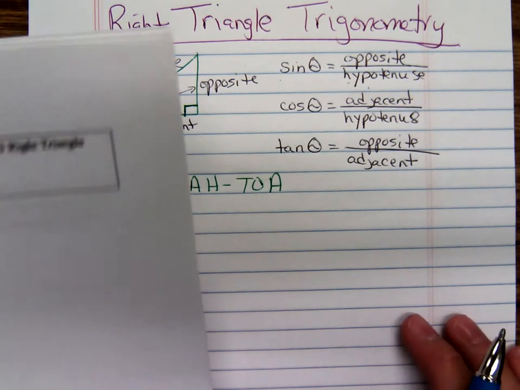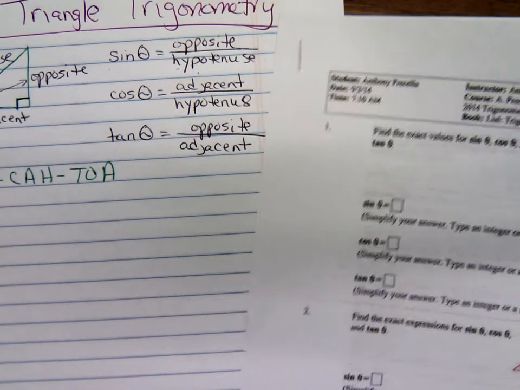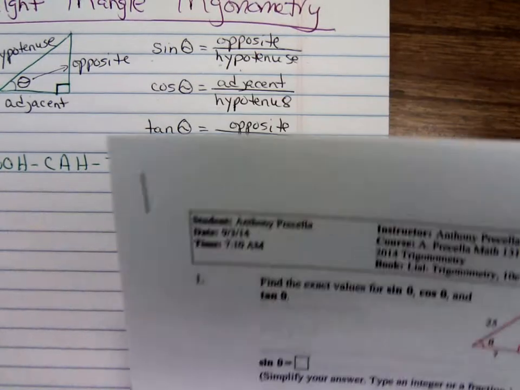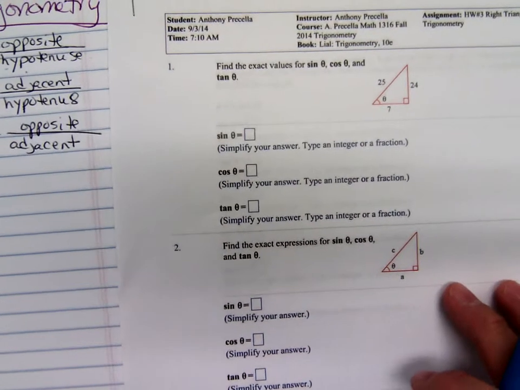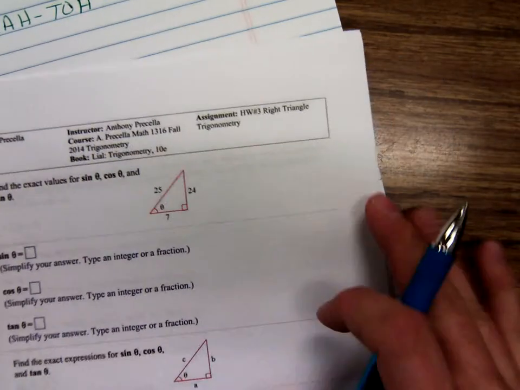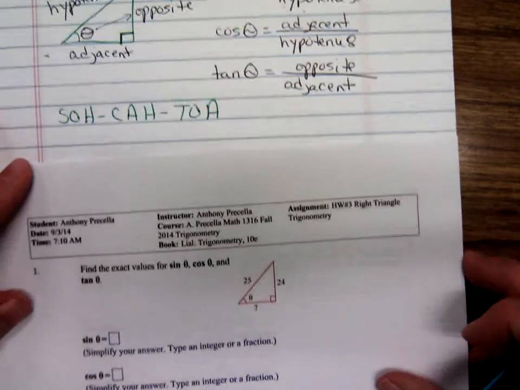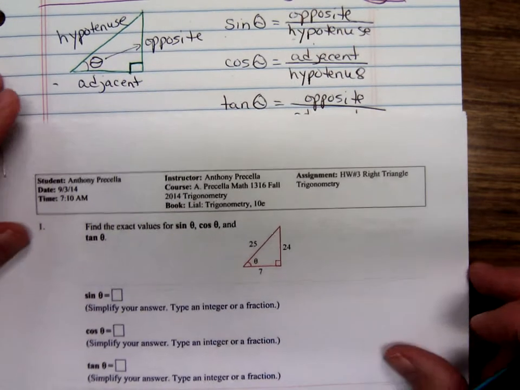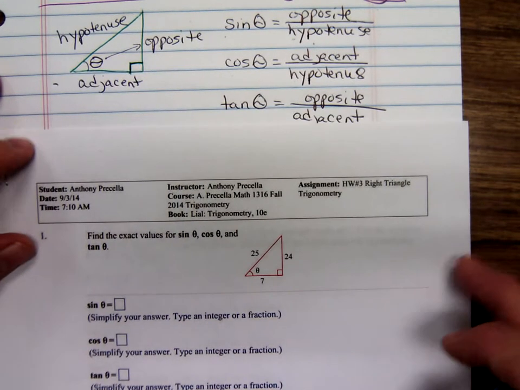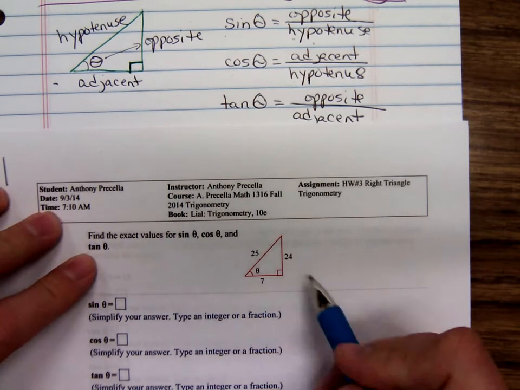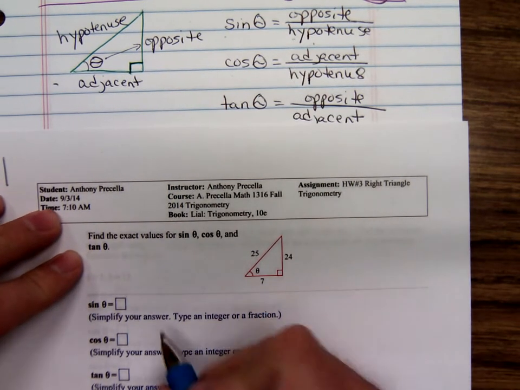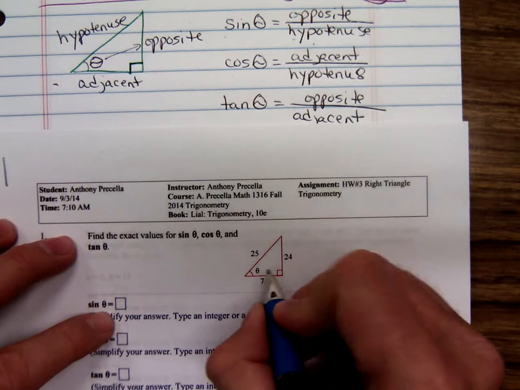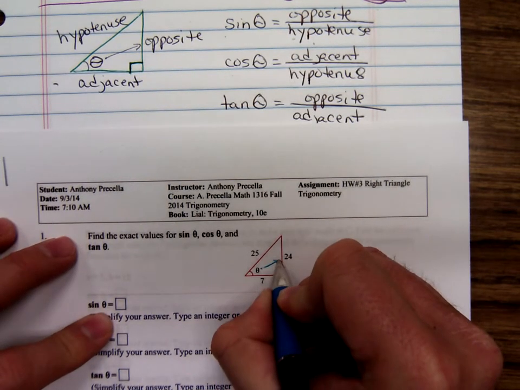So if we want to do problem number 1, we're given a triangle, and there's numbers here. Sine theta. Well, you have to be sure you're right.